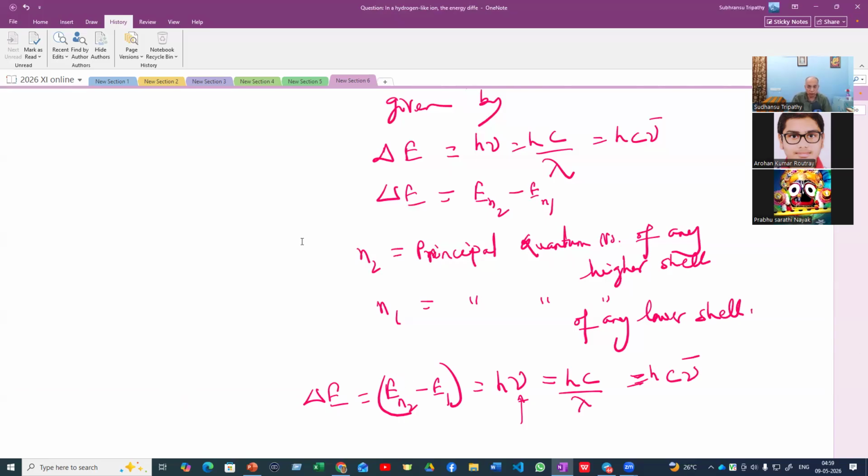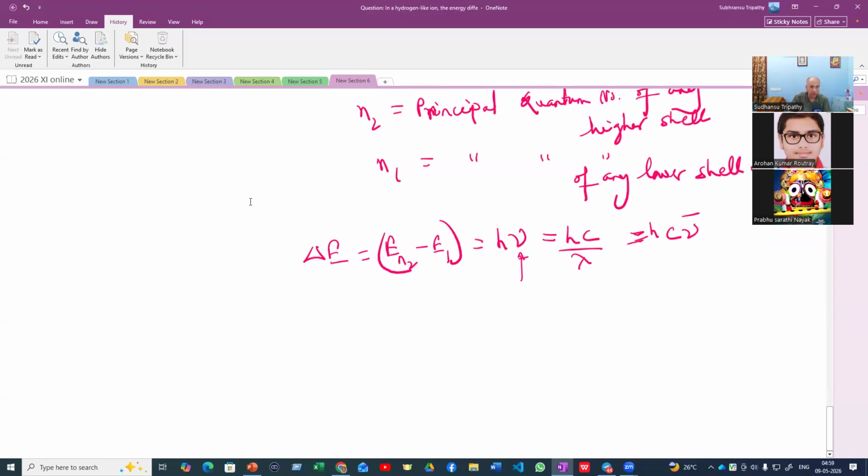So we will be solving a lot of problems now, and the last but one is about the angular momentum. The angular momentum of the electron is also fixed, which means it is quantized.